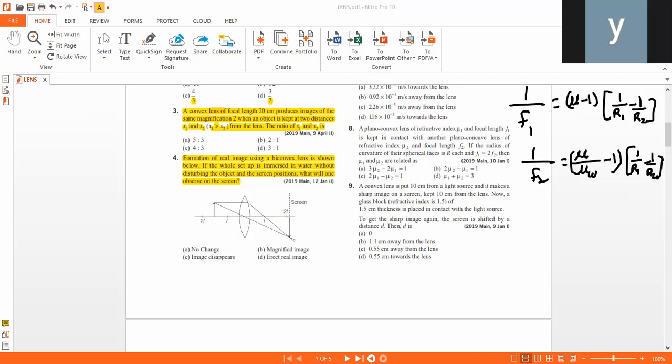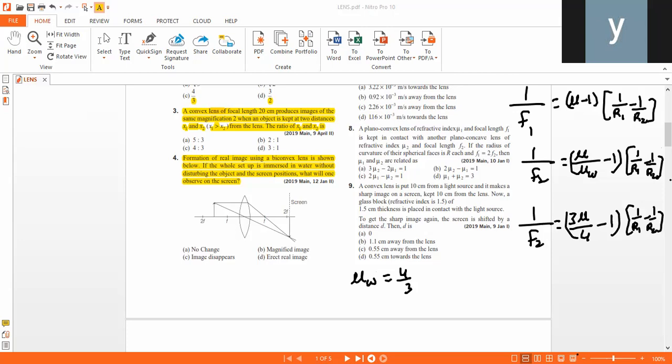Here mu w, refractive index of water, is 4 by 3. So 1 by f2 equal to mu by mu w, I can write 3 mu by 4 minus 1 times 1 by r1 minus 1 by r2.